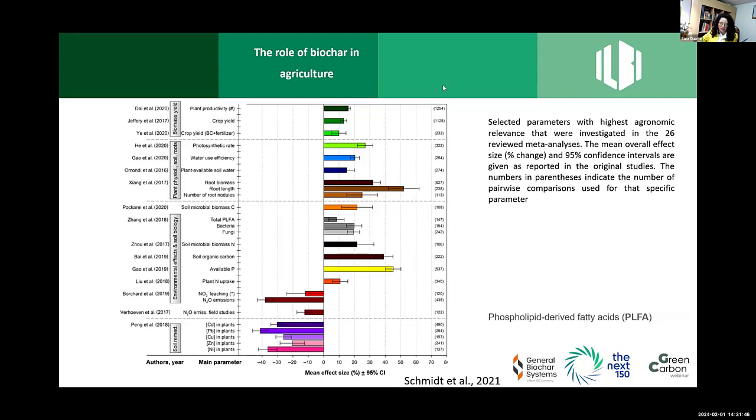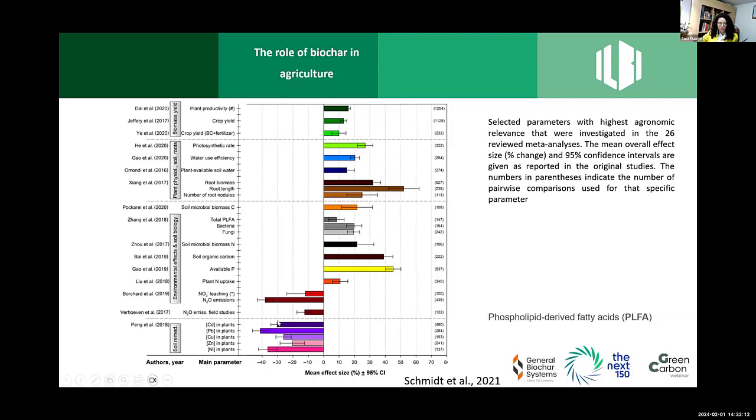As we can see in the following bars, biochar could increase, for example, root length by more than 50%. It increases plant available soil water. The use of water in the soil is, of course, more efficient when we apply biochar.